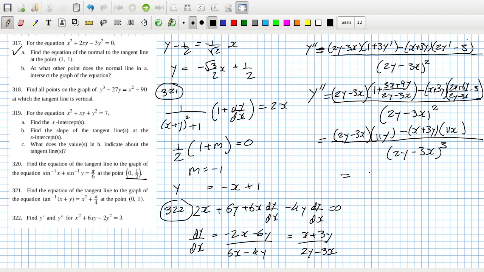I can take the 11 out, 11 over 2y minus 3x cubed, and then I'll be left with 2y squared, 2y by y, minus 3xy, minus x squared, and then minus 3xy, I think.